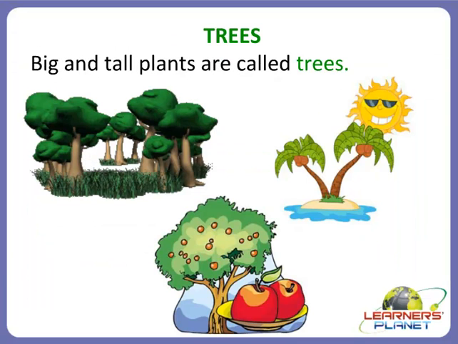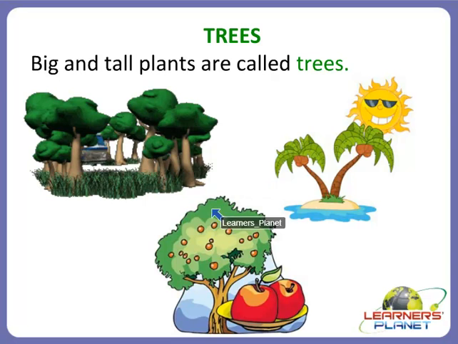So children, based on the size and shape, such different types of plants are divided into many categories. For example, big and tall plants are called trees.